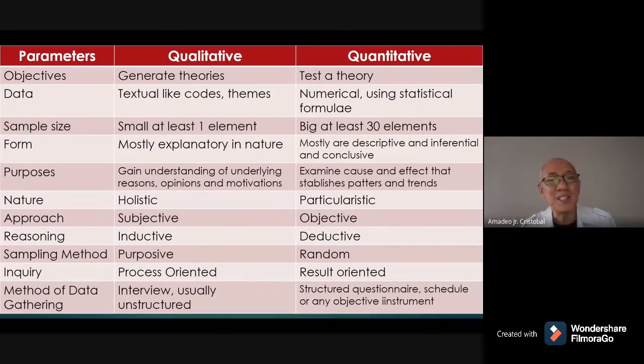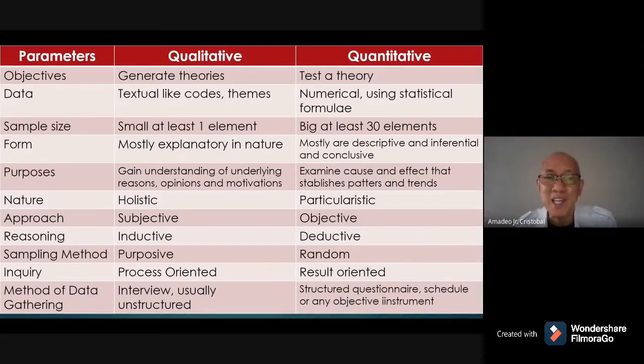Qualitative is holistic, while quantitative is particularistic. When we say holistic, when you do a qualitative, you are looking into your participants or the topic as a whole. Whatever will come out based from the instrument will be discussed in the qualitative research.